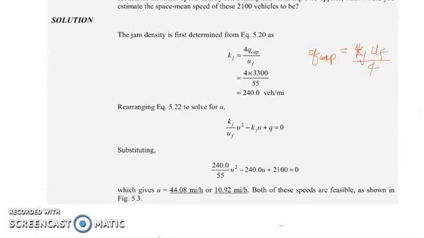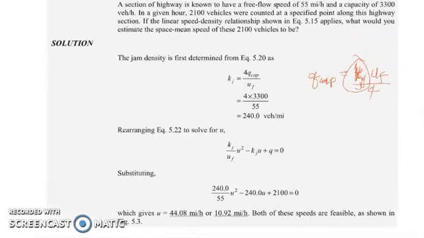We make use of this so that we can compute our jam density, which is kj. If we substitute the values, we take note that our maximum capacity is 3,300, and our uf, our free flow speed, is 55. So we get a value of 240 vehicles per mile.